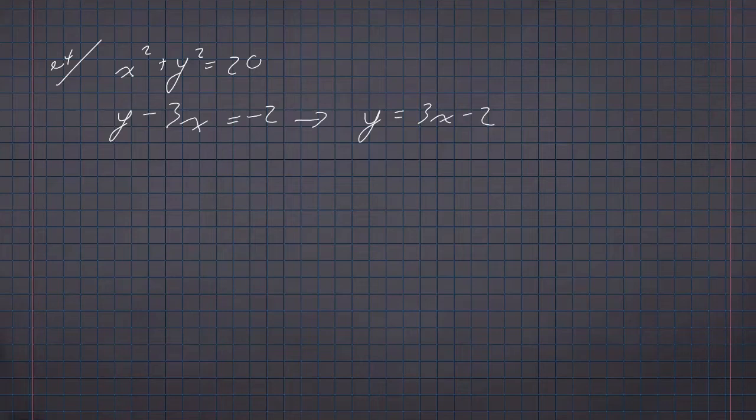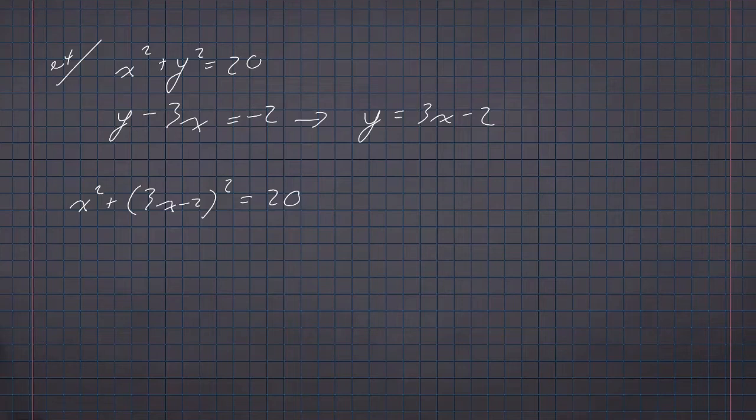Now that we have that, we can plug that in to the value of y in the first equation, and we get that x squared plus y, which is 3x minus 2 squared, is equal to 20.